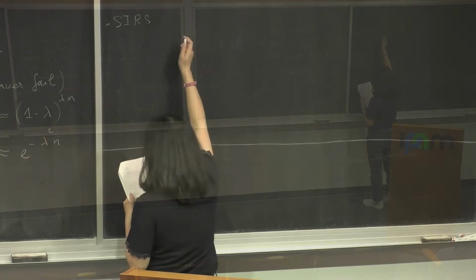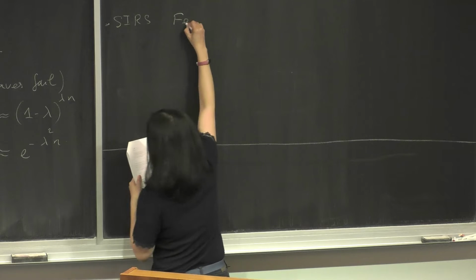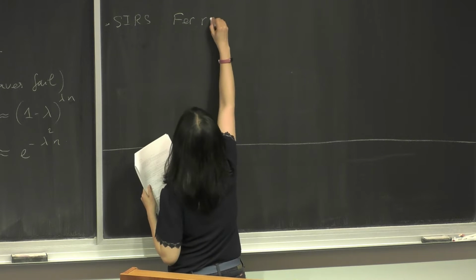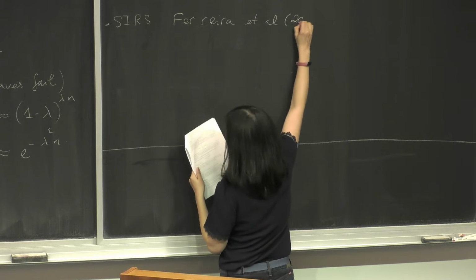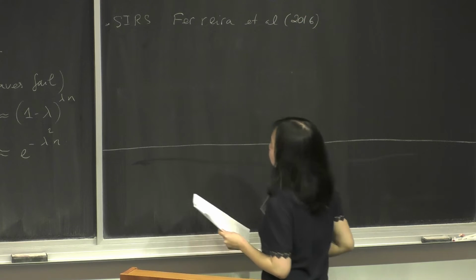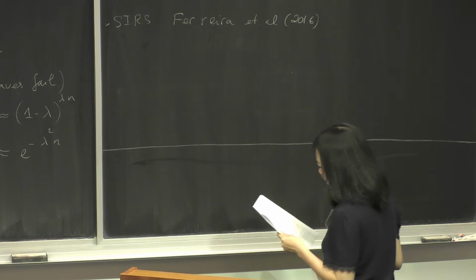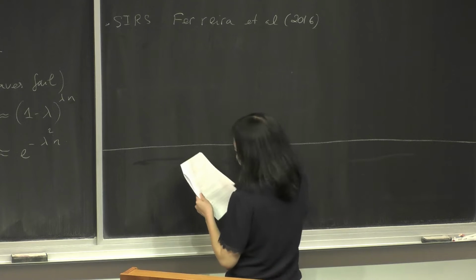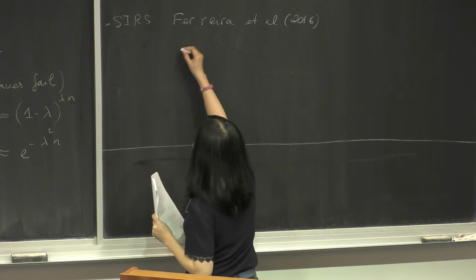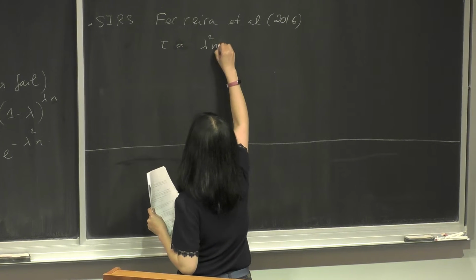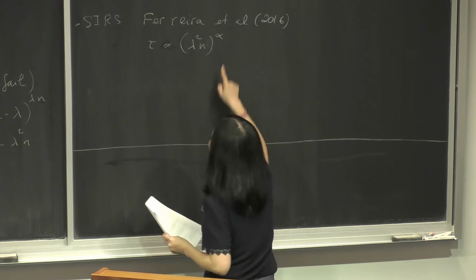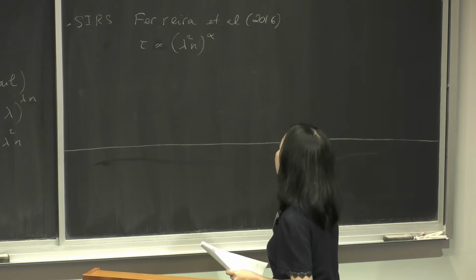There is a conjecture by Ferreira et al. in 2016, who conjecture and give some heuristic argument, that the survival time is going to be of order lambda squared n to the power alpha, where alpha is the deimmunization rate.